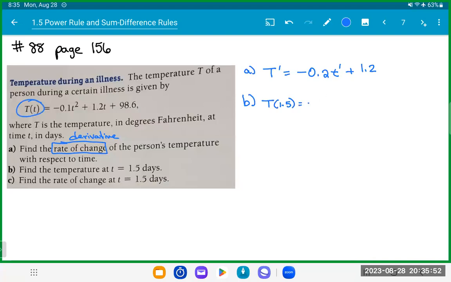So that's going to be negative 0.1 times 1.5 squared plus 1.2 times 1.5 plus 98.6. Okay. So when we simplify that, we get 100.175. So that tells me that the temperature of the ill person after 1.5 days is 100.2 degrees Fahrenheit.